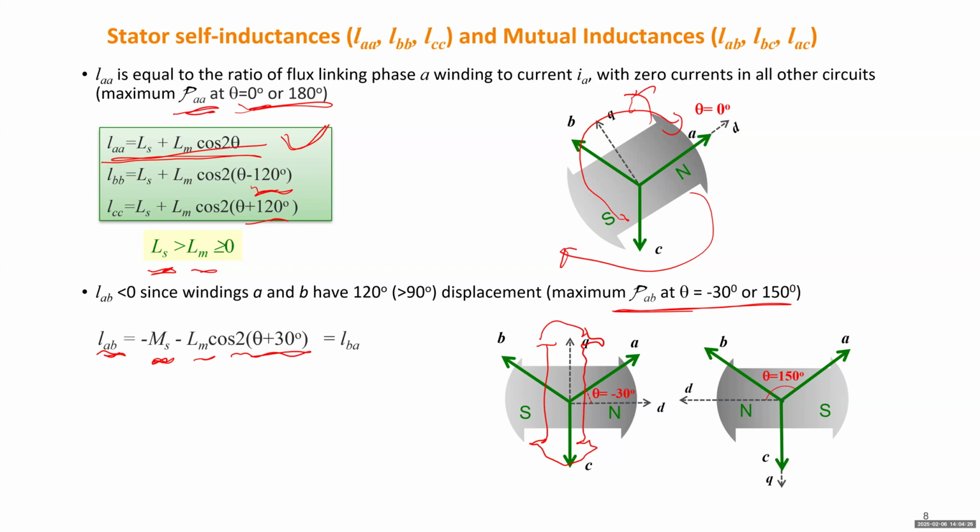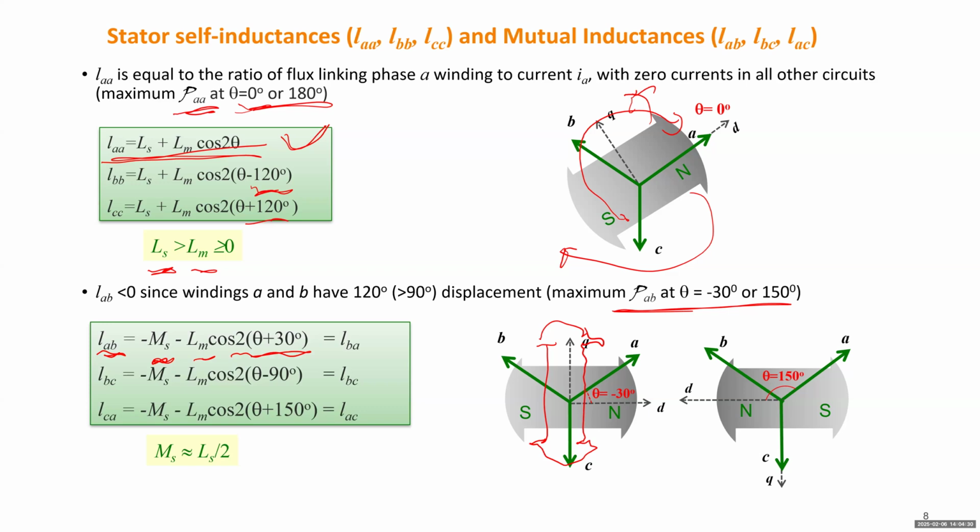It is also equal to LBA. By adding the negative 120-degree phase and negative 240-degree phase, we can easily get the other two formulas for LBC and LCA. Krause's book explains why the mutual part, the capital M_S, is about half of the self-inductance. I won't go into this detail.